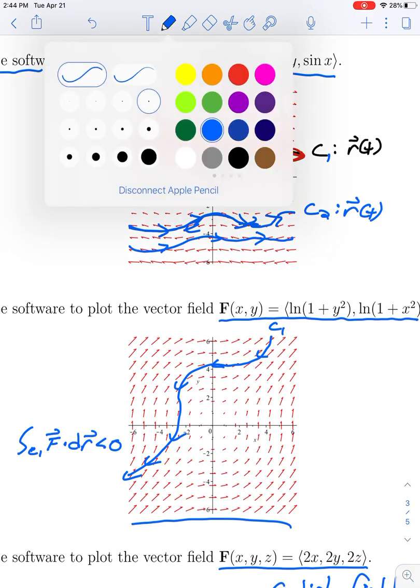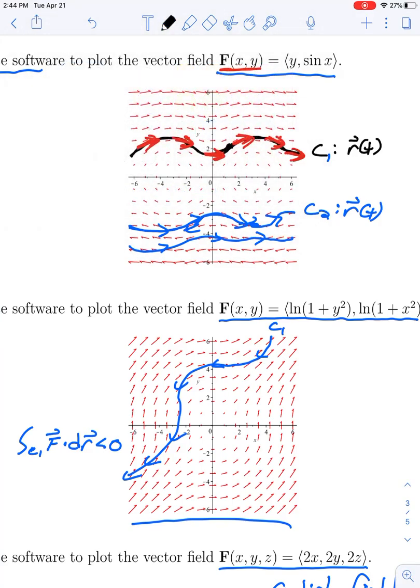However, if I were to look at a different curve, let's say an object which is moving along this path in the indicated direction here, call that curve C2, the line integral over that curve of this vector field would be positive since our object is moving with the direction of this field.